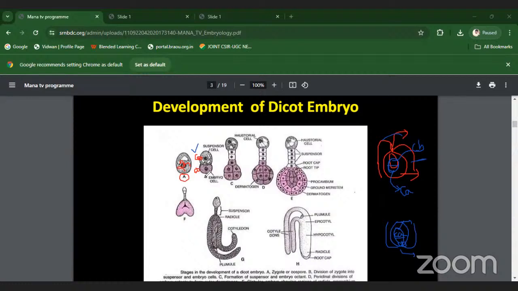The basal cell CB undergoes transverse division and gives rise to two daughter cells, M and Ci. Actually, this is not given here; if you take another diagram, CA and the basal cell CB undergo transverse division, giving rise to two daughter cells.